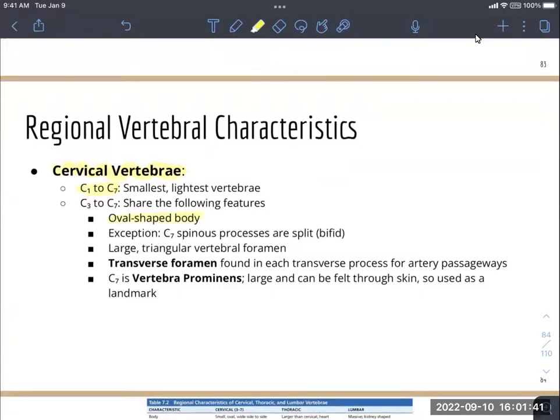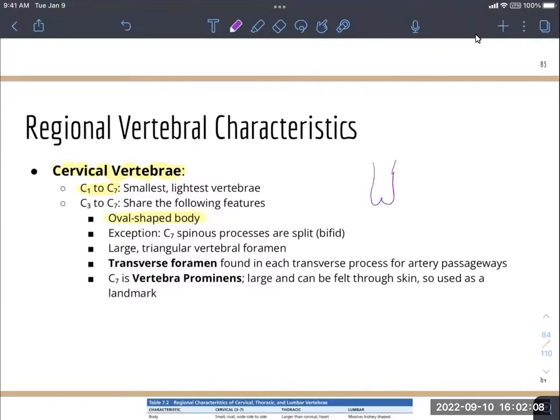So the bodies of the cervical vertebrae are more oval shaped. Except C7, the last vertebrae, they all have a bifid or a split spinous process. So their spinous process kind of comes down like this. They're split.